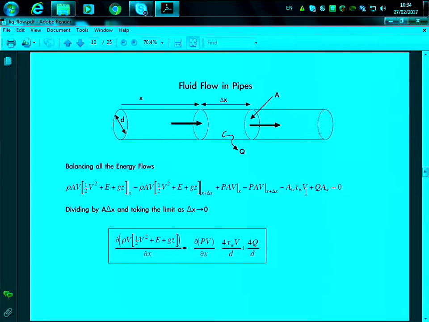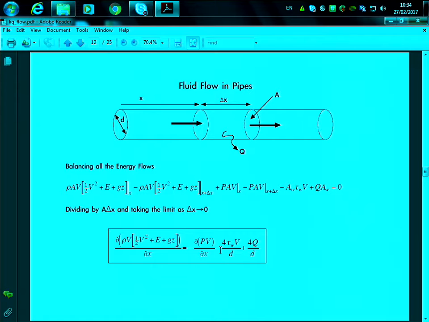And here it's very important that the signs can change depending on whether you have energy going in or energy going out of the system. So if we look at this part of the equation, what does it resemble? The Bernoulli equation, okay? So we're approximating to that.